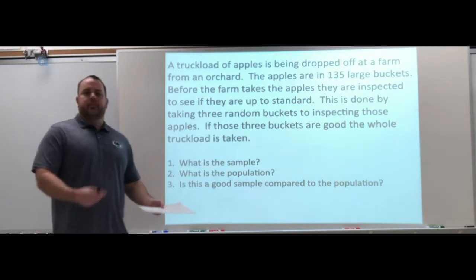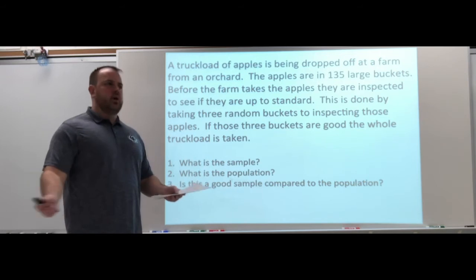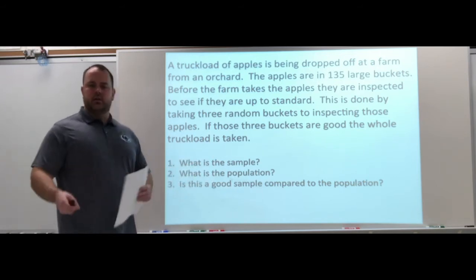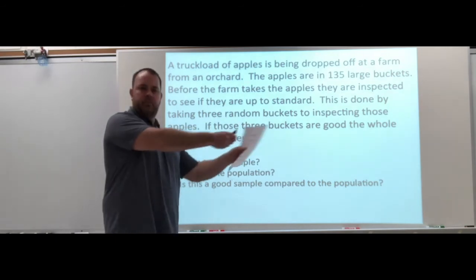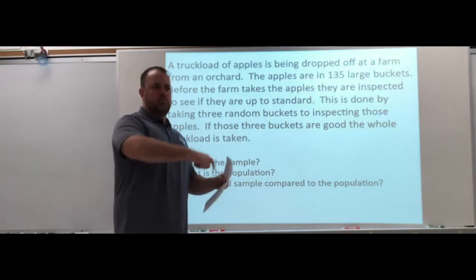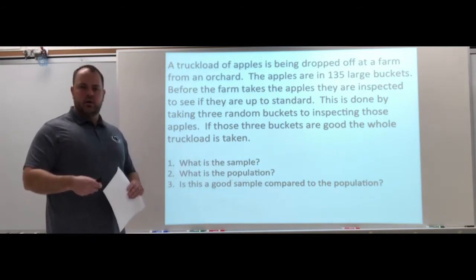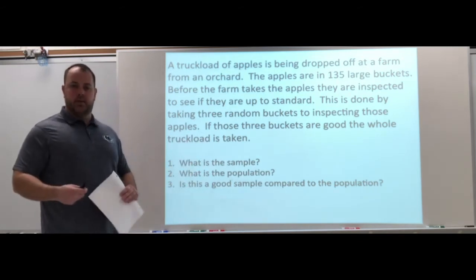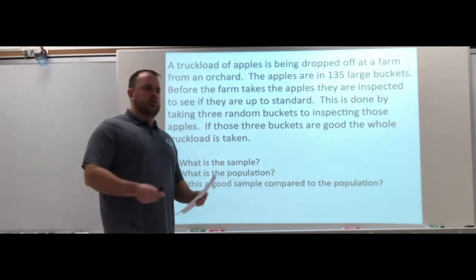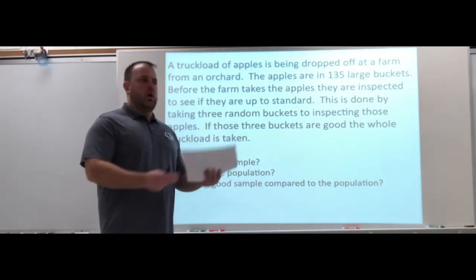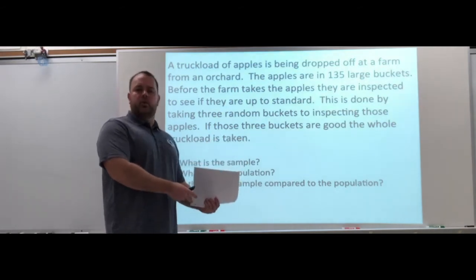So let's think about the process here. If you're driving through an orchard and you're filling up buckets and putting them in the truck, usually you're going to take those first couple buckets and put them at the very back. So as you're moving through the orchard, you're moving further and further back from the back of the truck as you're filling up that bed. So if you would just walk up to the truck and take the first 3 buckets you can grab, most likely those 3 buckets are going to be of a single part of the orchard.